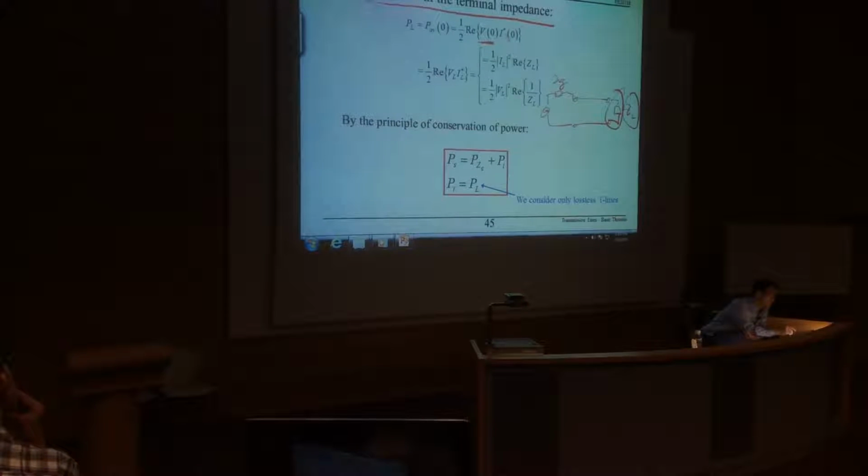Then the voltage here. Suppose this coordinate, for instance, is L. At L equal to 0, voltage and current can be calculated. Anyway, you can use either current or voltage to calculate this PL.